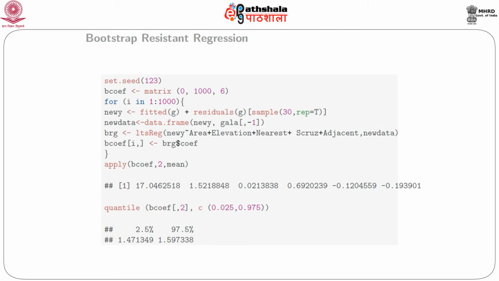Once we run the LTS regression, we extract the coefficients and store them in the ith row of Bquef. Once we run this command, and I have used set.seed(123) for reproducibility, Bquef is the matrix which holds 1000 bootstrap estimates of the 6 coefficients.